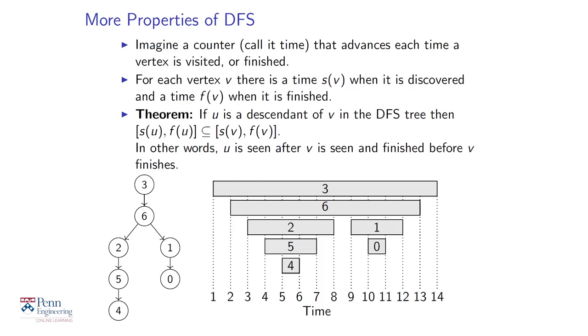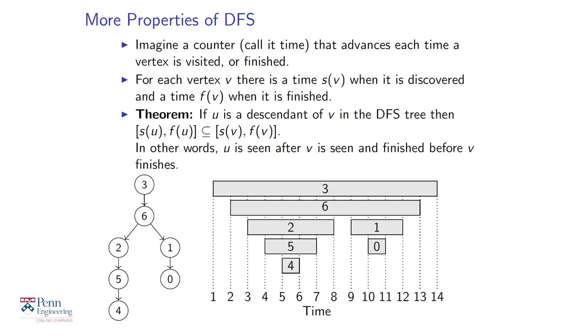That's the starting time of node 3. So s of 3 is 1. And of course, it's the last to finish, because when we finish with 3, DFS as a whole is finished. So 3 is alive for the entire duration, from 1 to 14.